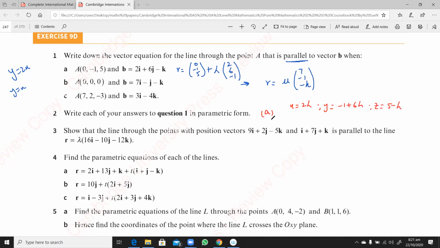That is how you will be writing them in parametric form. Next, it says show that the line through the points is parallel to this line. So I think you should just start trying them, keep on noting down your problems, and then I'll help you out.